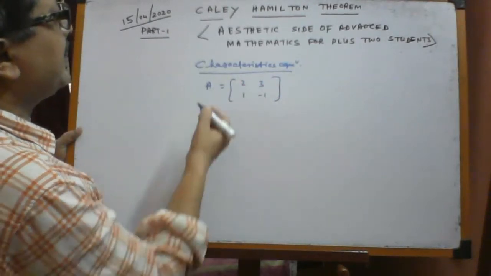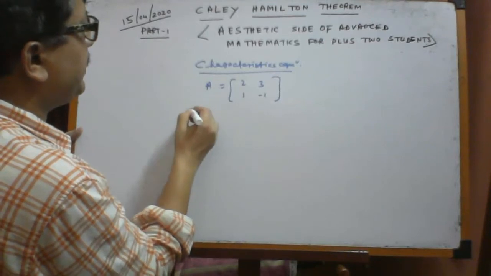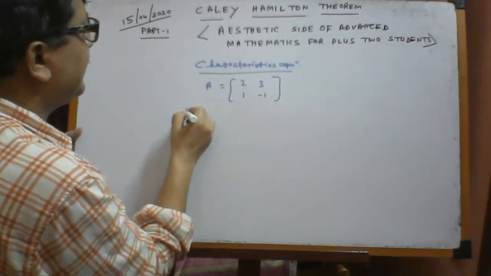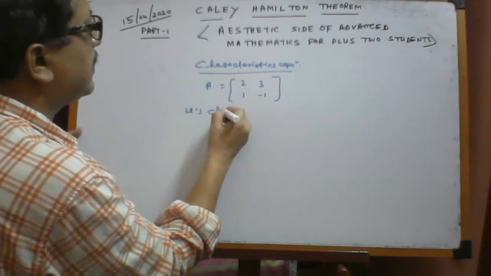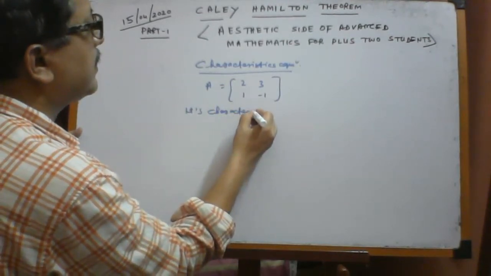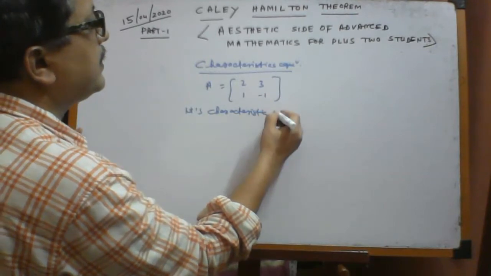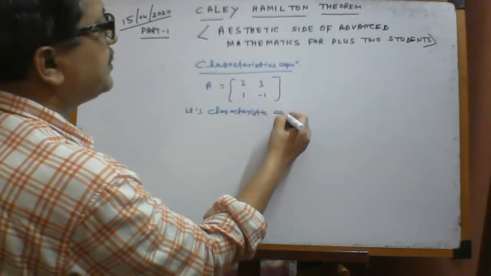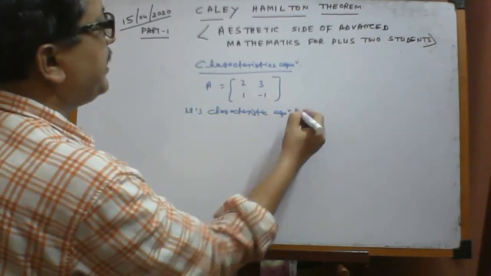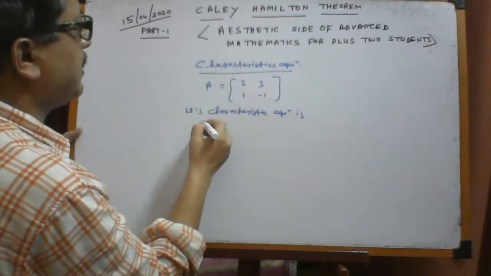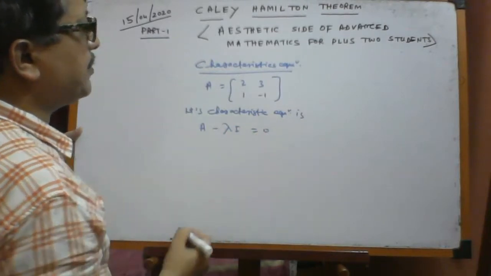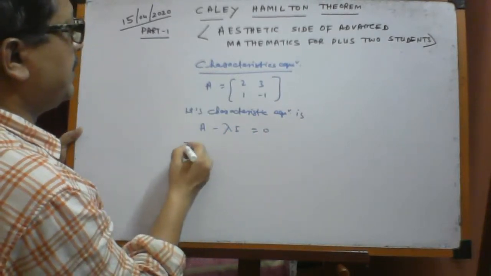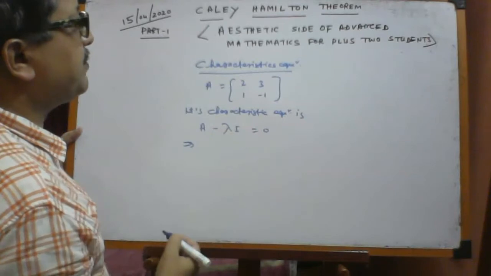Here the characteristic equation is A minus lambda I equal to 0, where lambda value you have to find.